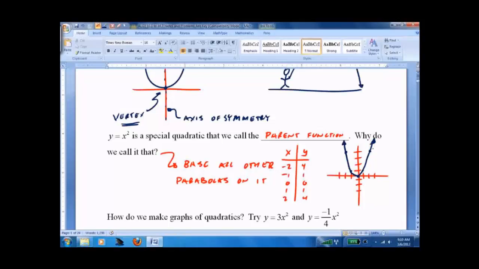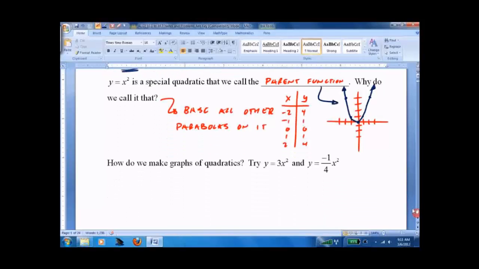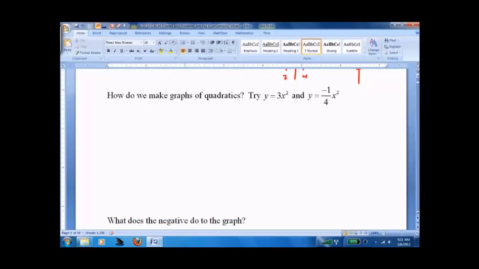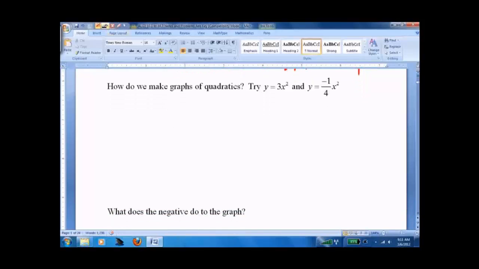So there's a parabola. Now, what we want to do is take that parent function, the y equals x squared parabola, and then just modify it. Because if we sat down and did tables all the time, it'll make us crazy. So I'll start to give you some ideas. We're going to put the parent function in.